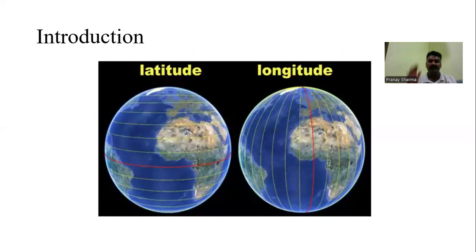As this is going to be an introduction, I just wanted to understand whether you know the terms longitude and latitude. I'll tell you where exactly we are using this.